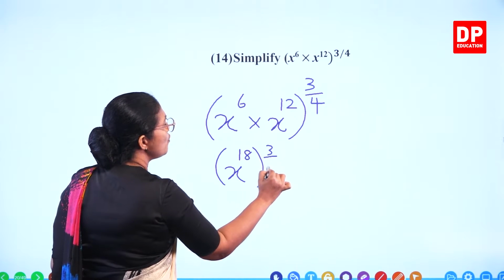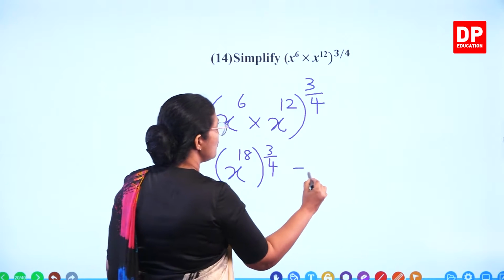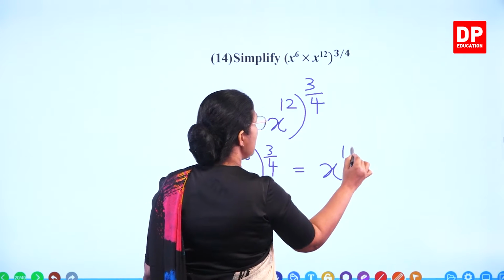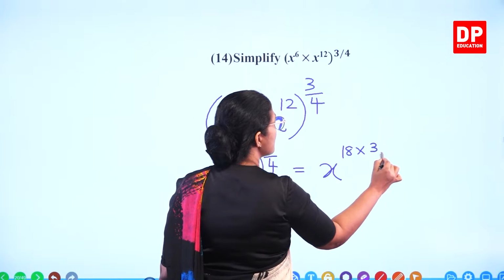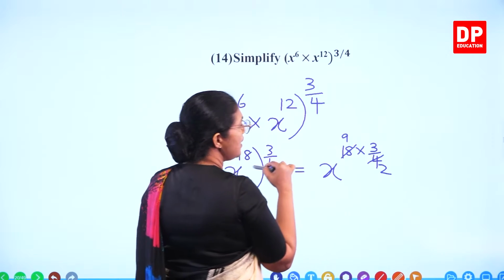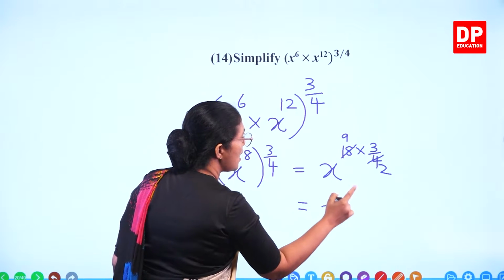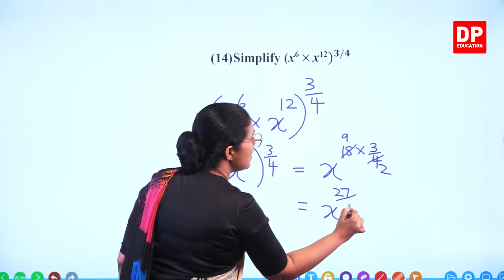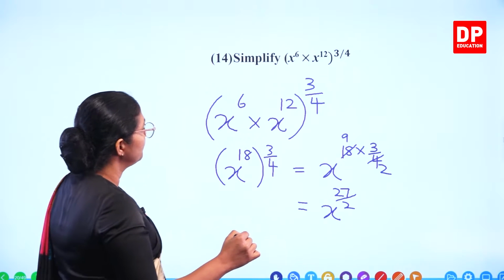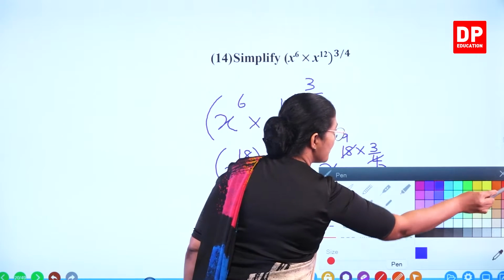What's the rule when you have brackets? You have to multiply the powers. So you get x to the power 18 times 3/4. Divide by 2, you get 9 and 2. So x to the power 9 times 3, 27, divide by 2. So 2 marks for that.